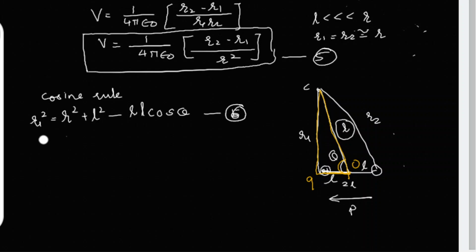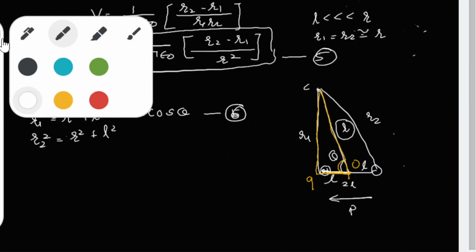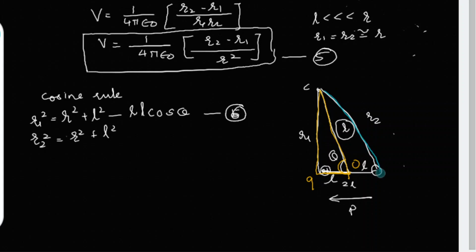Similarly R2 I am going to find from the same geometry of the figure. So R2 square is equal to R square plus L square. Now this is another triangle I am considering, where this angle is now 180 minus theta.